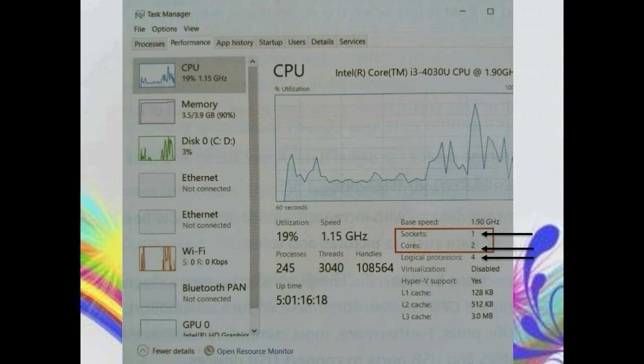The speed of a processor is measured by its clock cycle in megahertz or gigahertz. Clock speed is the number of calculations done by a processor in 1 second. For example, a 3 GHz rated processor can do 3 billion calculations per second.